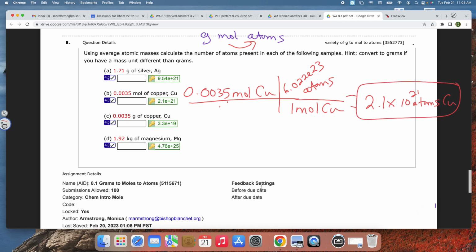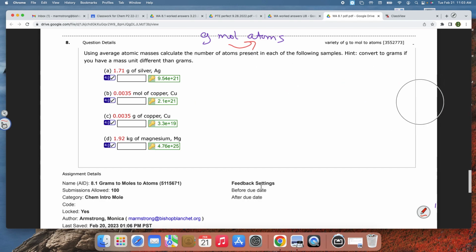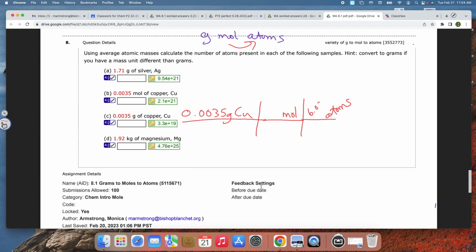Next one, we're given grams again. 0.0035 grams of copper. And we're going to go to atoms. So we'll go grams to moles to atoms. The atoms is Avogadro's number. The mole is 1, and this is for copper. And you look up copper. We've done copper a couple times.